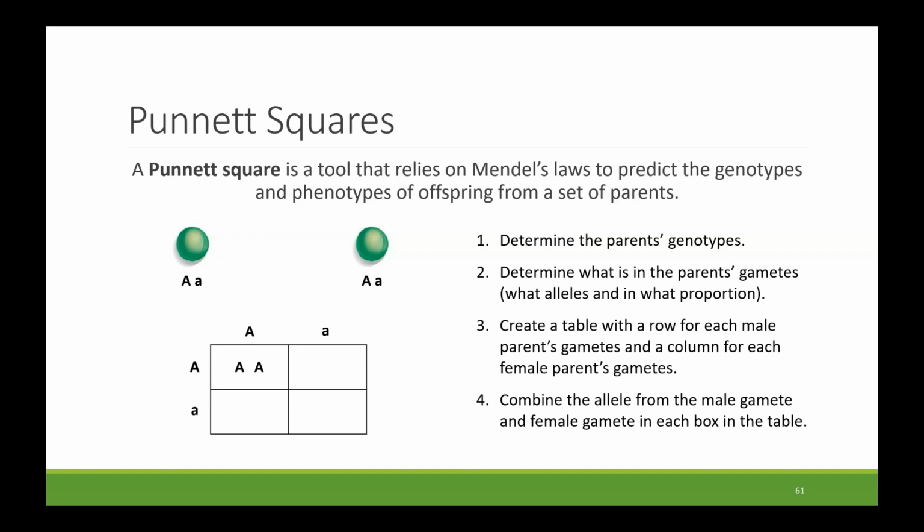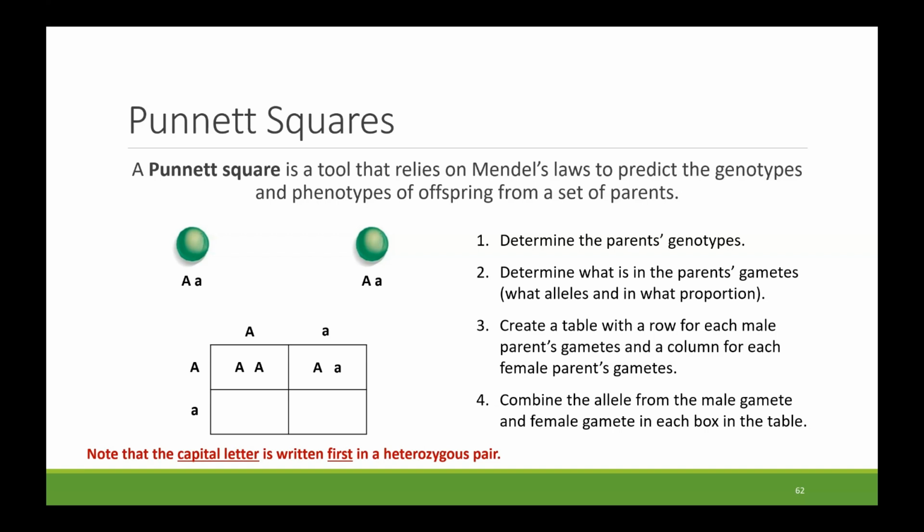So now looking at the upper right-hand corner box, this one gets a dominant allele from one parent and a recessive allele from the other parent. So this is another possible way that these gametes could fertilize. And note here that the conventional way of doing this is to write the capital letter first in the heterozygous pair. It doesn't matter which parent is male and which is female.